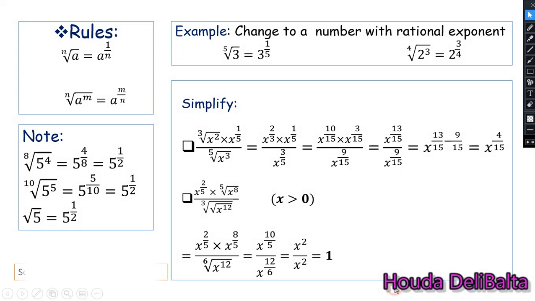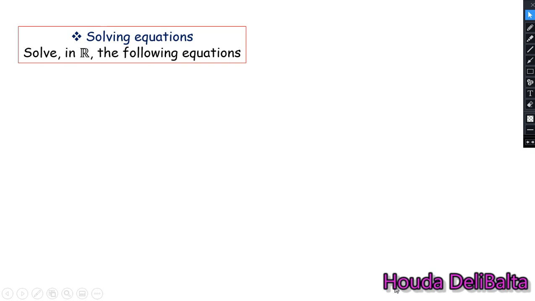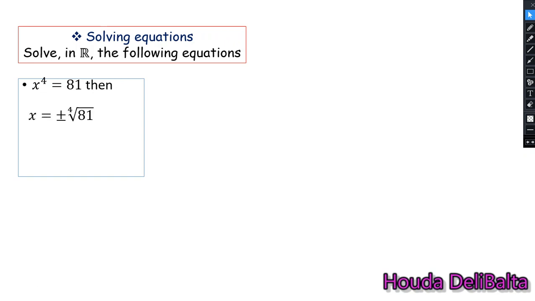And here is how to solve equations using nth roots. And this is the last idea in our chapter. If I have to find x, where x power 4 equals 81, then all I should do is get rid of power 4.